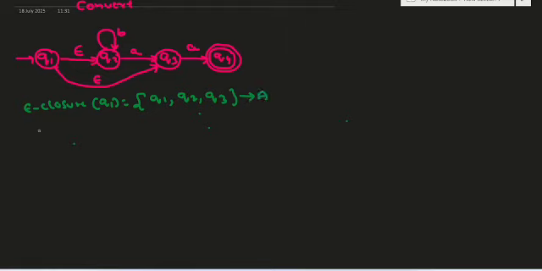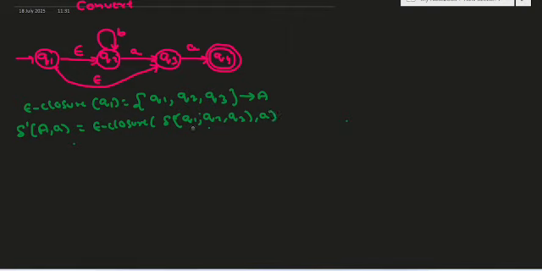Now, what is the next step? The next step is we have to find the delta dash. Because we have two inputs, a and b, we will be applying delta dash of A comma a in the first state. So, epsilon closure of delta of Q1, Q2, Q3 comma a.